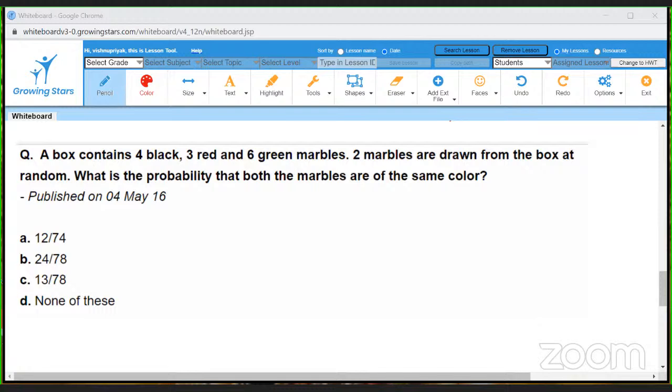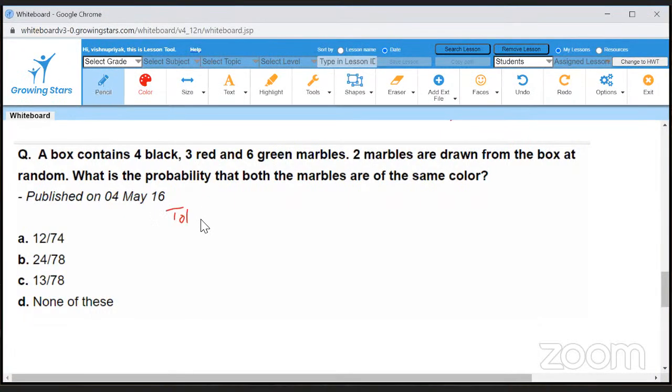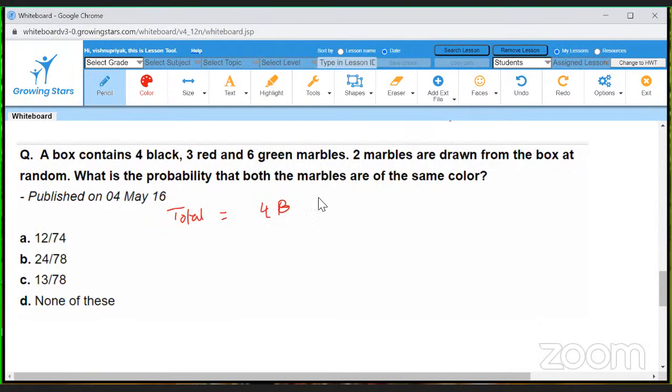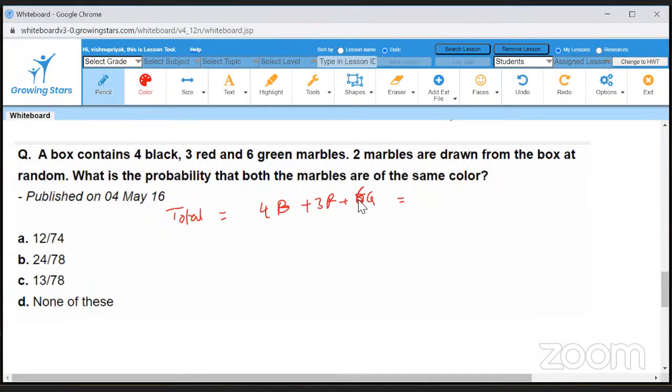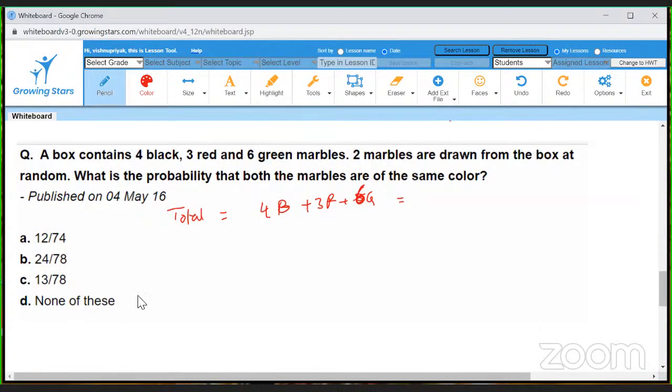First of all, see how many marbles there are in total in the box. 4 black, 3 red, and 6 green.